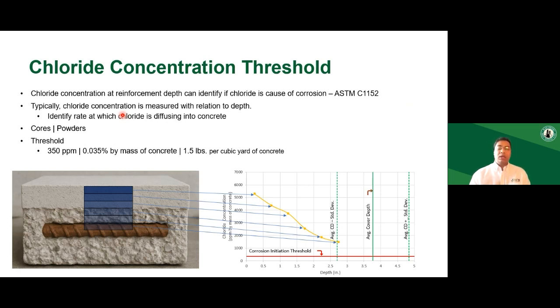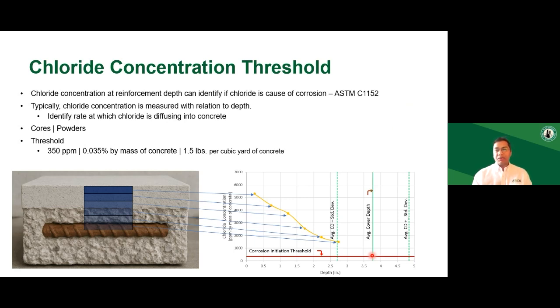There are two relevant pieces of information that we need to plot to make more sense of this data. One is the average concrete cover depth, or the average rebar depth, and the error associated with that, and the other is the corrosion initiation threshold, or critical chloride threshold. Critical chloride threshold is the minimum amount of chloride that is needed for corrosion to initiate.